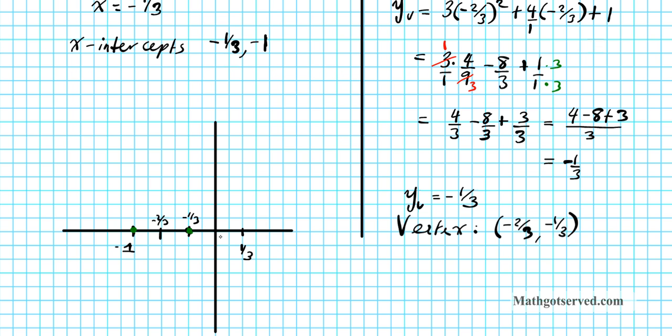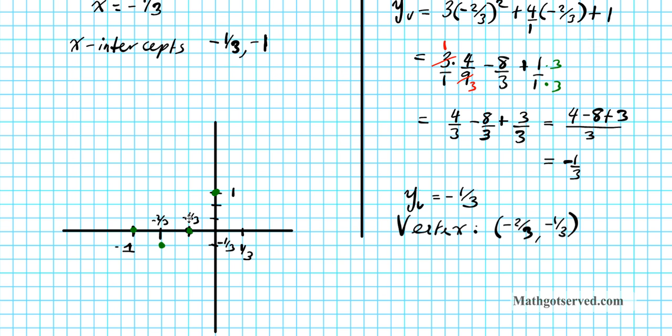So let's calibrate our x-axis. How about we say 1, 2, 3 is 1. This is 1, and this is negative 1/3. So our vertex is going to be right here, and then the x-intercept is going to be right there. I can clearly see the points, how it defines my graph.